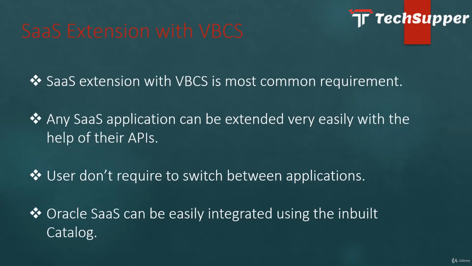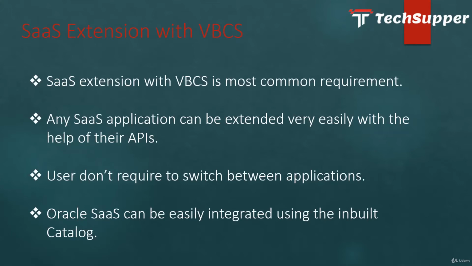Let's suppose you have two SaaS applications, SaaS application 1 and SaaS application 2. SaaS application 1 will have different functionality, and SaaS application 2 will have different functionality. You wanted to allow your users to use these two functionalities, but you don't want to give access to these applications due to some restriction.